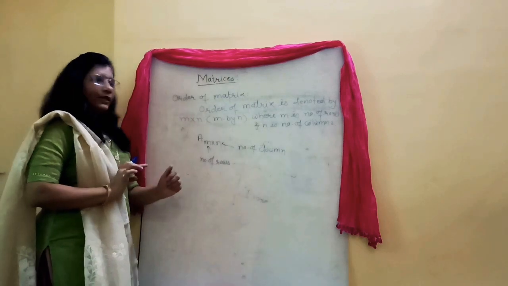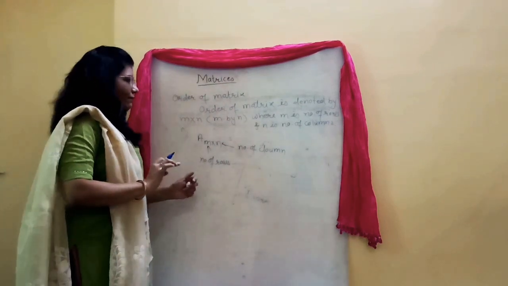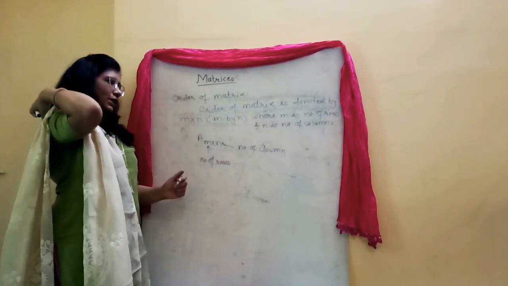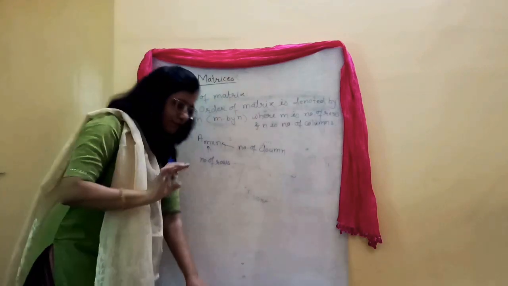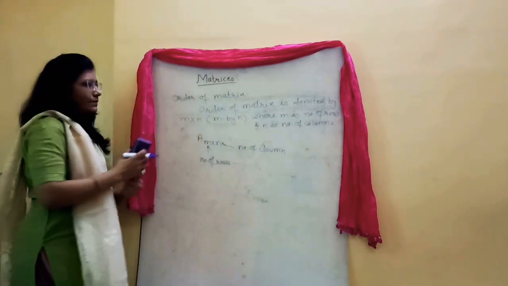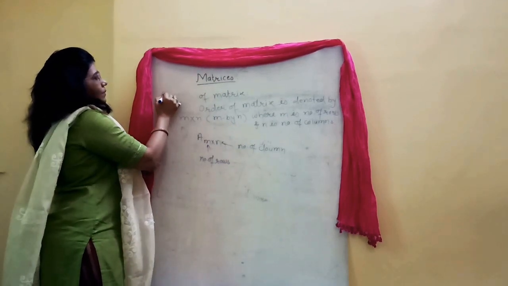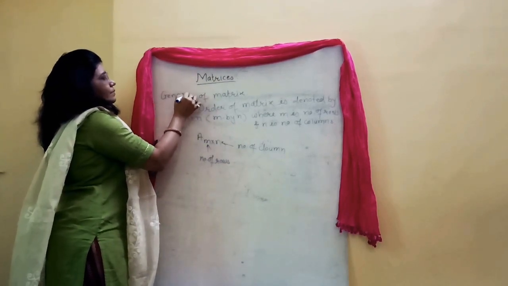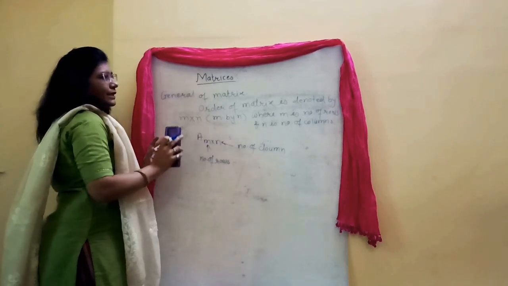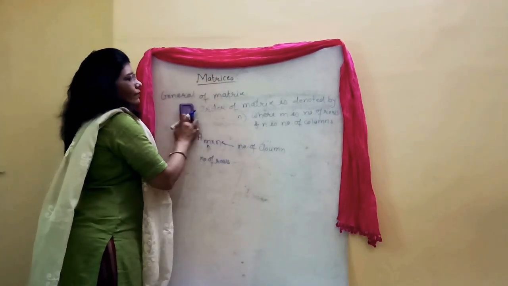Understood? Okay, nice. Now we are going to see the general form of a matrix. General form of a matrix means what?